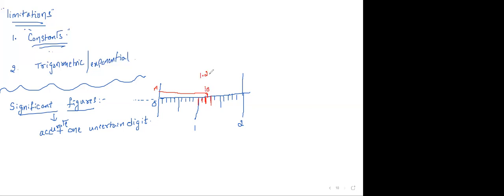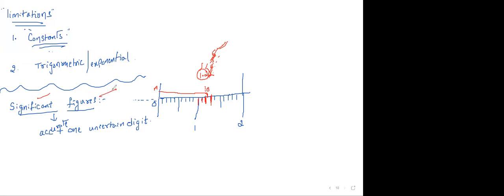This is 1.2. It is 1.3. But the point B lies between these two. So whatever the digit is there in the third decimal place, this is uncertain. You can't tell whether it is 1.23 or 1.24 or 1.25 or 1.26. But this 1.2 is accurate. This is uncertain. So this accurate digit plus this one uncertain digit is what we call the significant figure.